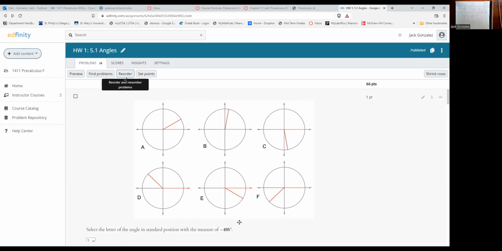Standard position means that the initial side is on the x-axis, so all of them have that. Negative 495, that's more than 360. 360 means you go all the way around.